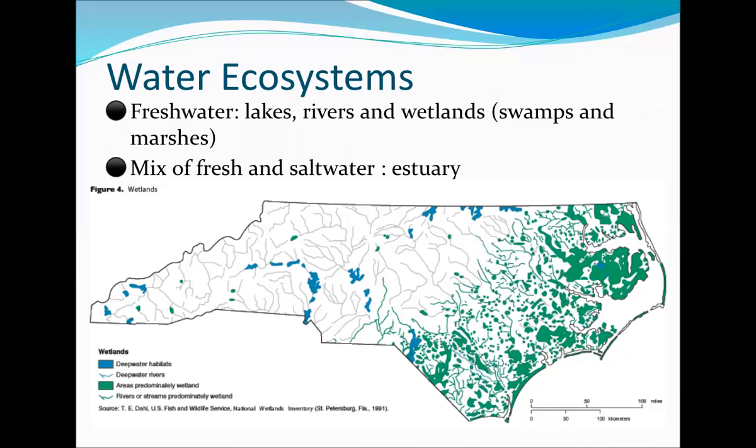Water ecosystems. So we've got freshwater, which consists of lakes, rivers, and wetlands, which are swamps and marshes. And then we have our estuaries, which are the mix of fresh and salt water.